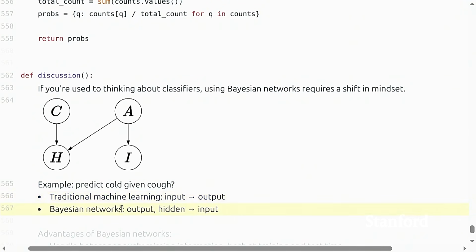But in Bayesian networks, you're often going from output to input, right? Because the way you think about it is, I am interested in the cold, and I'm defining a Bayesian network that takes cold and generates the things I observe. And then you're using probabilistic inference to go backwards.